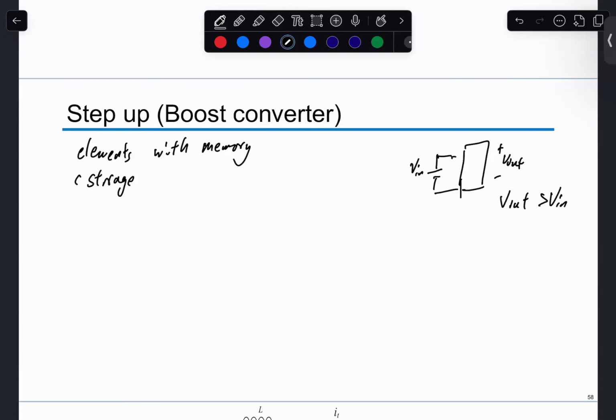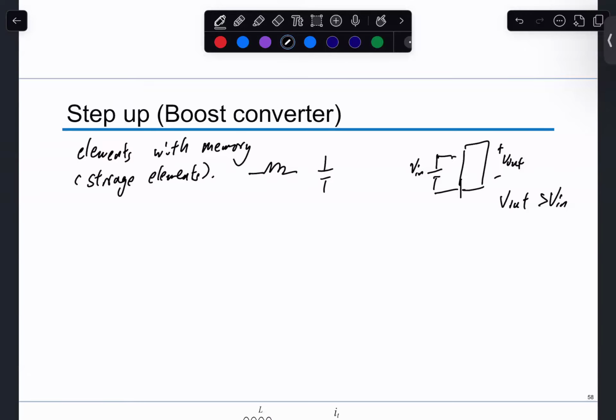So now we need to somehow store the voltage. We have two kinds of elements that have storage, an inductor and a capacitor. So the question becomes, where do you put this inductor and capacitor?